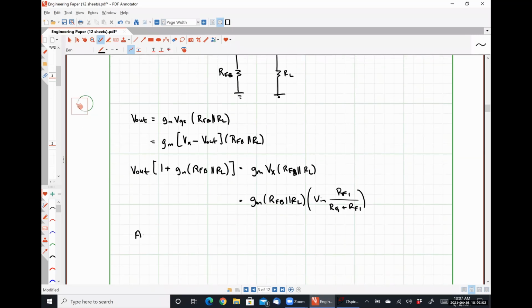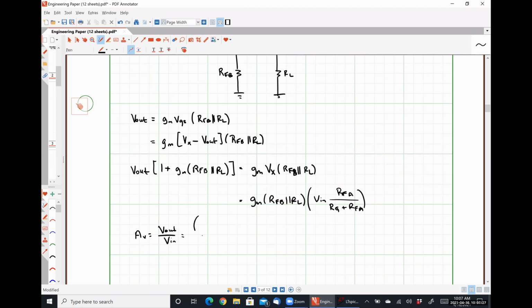And so our voltage gain Vout over Vn is going to be, yes. Thank you. That's the only place I screwed that up, right? Yeah, okay.